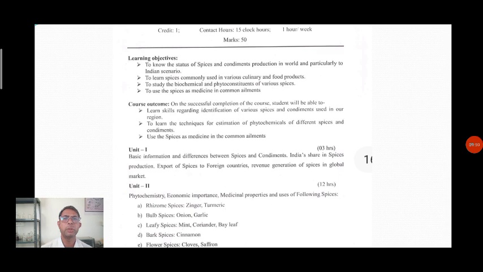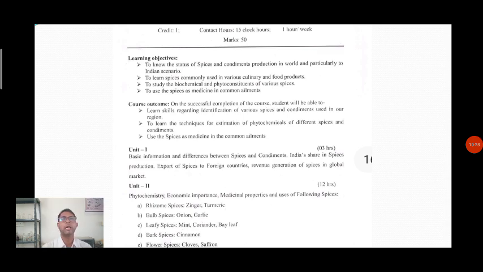Now talk about the syllabus. Here you can see that in this particular paper there will be two units, unit number 1 and unit number 2. Unit number 1 has 3 hours and it includes basic information and differences between spices and condiments, India's share in spices production, then exports of spices to foreign countries, then revenue generation of spices in the global market.